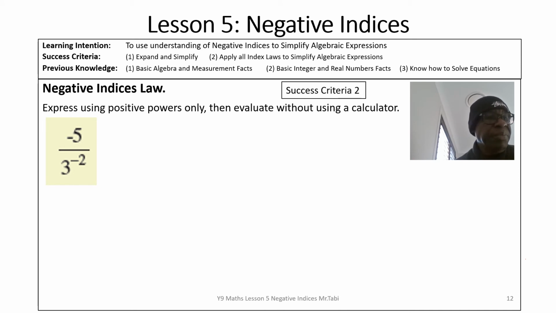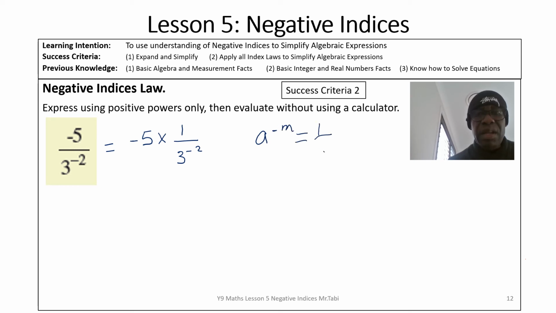Minus 5 over 3 to the power minus 2. Now, this is equal to minus 5 multiplied by 1 over 3 to the power minus 2. Now, think of a to the power of minus m is equal to 1 over a to the power m.